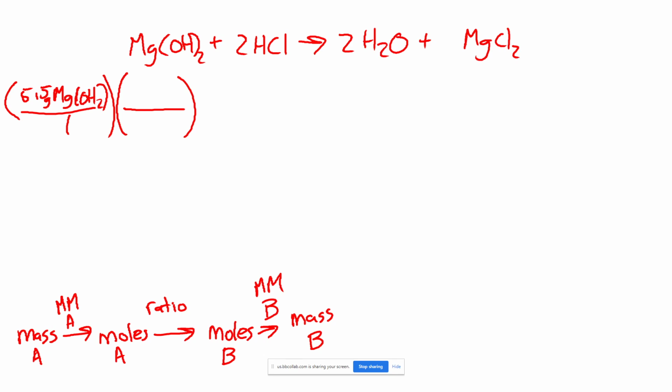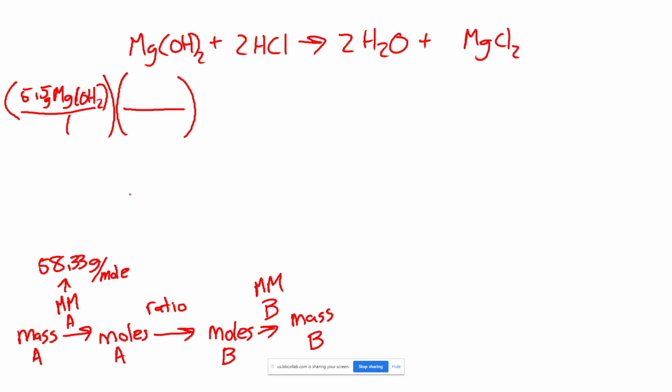And oxygen is essentially 16, and we have 2 of those. So that gives me the molar mass of my material is 58.33 grams per mole. So grams for every 1 mole.